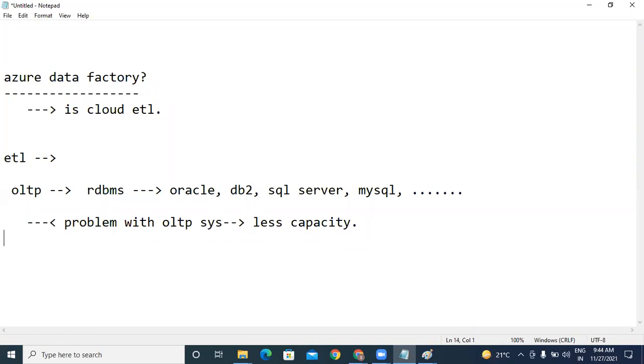If you go back 10 years, 1 terabyte was a big volume. But nowadays 1 terabyte is nothing. Your laptop has 1 terabyte of storage. If you integrate 10 of your friends' laptops into a cluster, your server has 10 terabytes of storage capacity. Got it? But basically, these OLTP systems have less capacity.